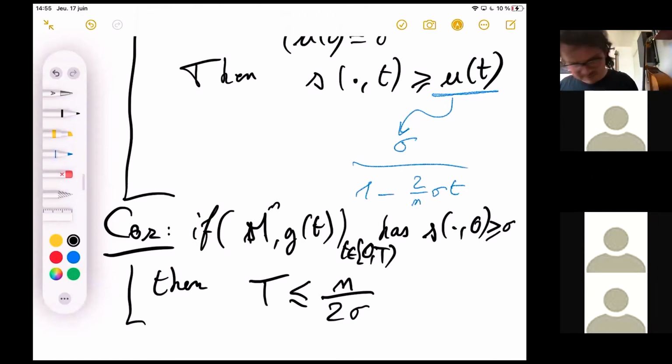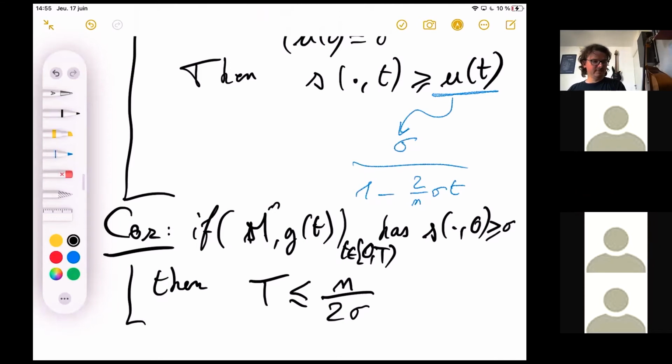And there are actually interesting results under some assumption. This bound is attained for round spheres, for instance, or any Einstein manifold. And you can try to see whether it's optimal or not.